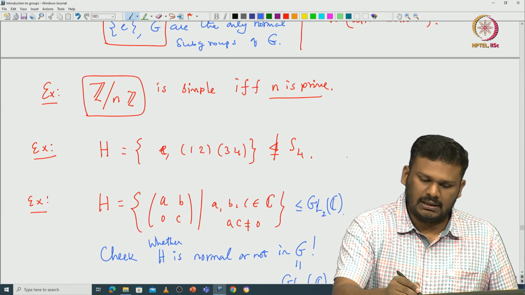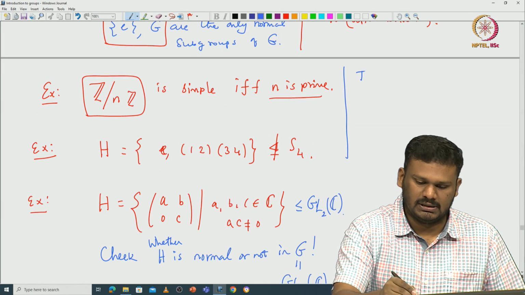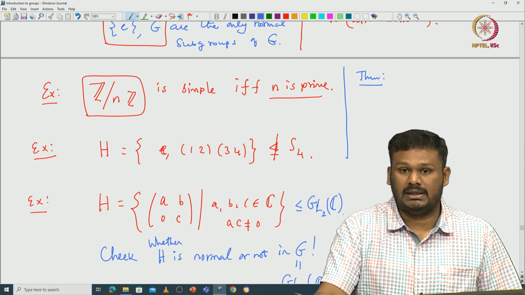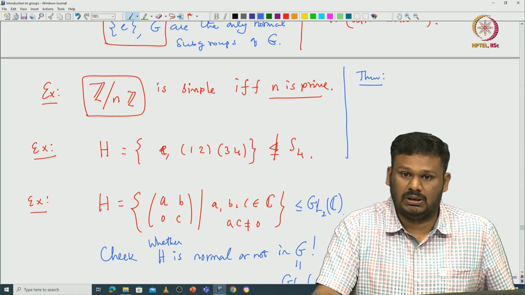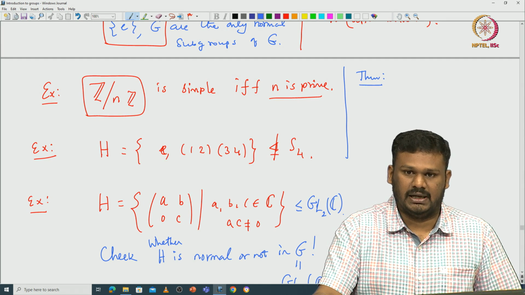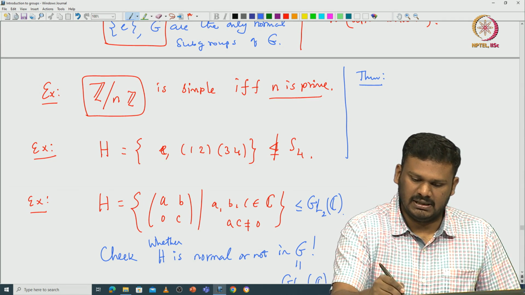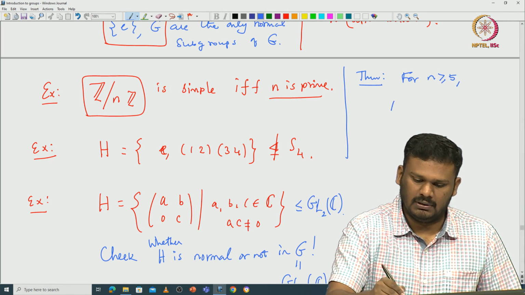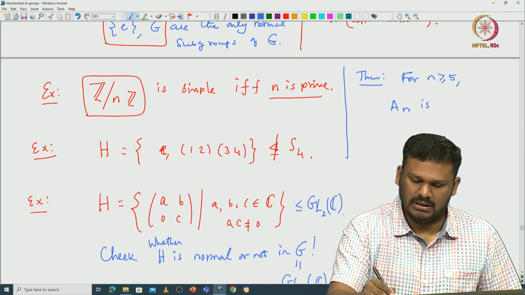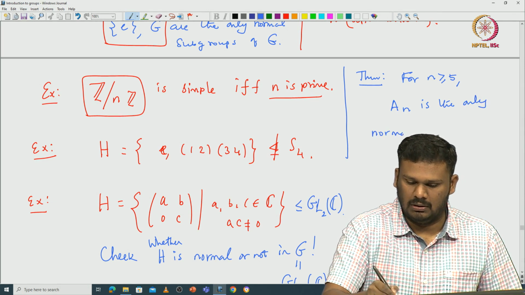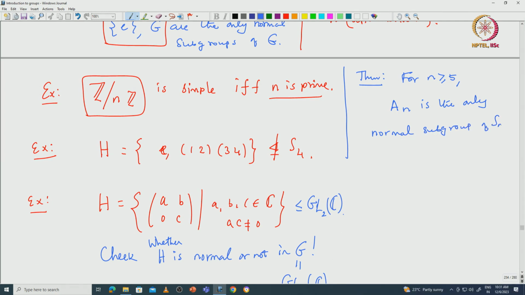Later we will prove a theorem. We have already seen that An is a normal subgroup of Sn, because that can be realized as the kernel of the sign map. We will see that for n greater than or equal to 5, An is the only proper normal subgroup of Sn.